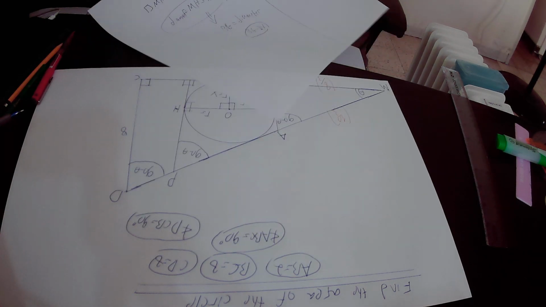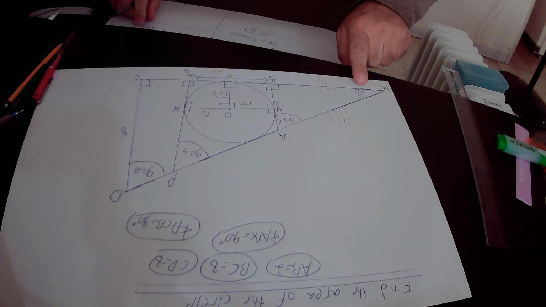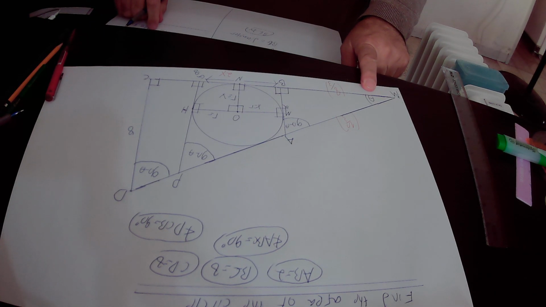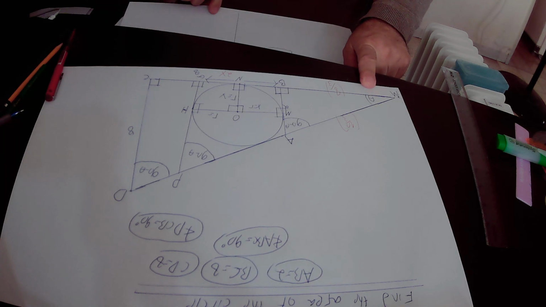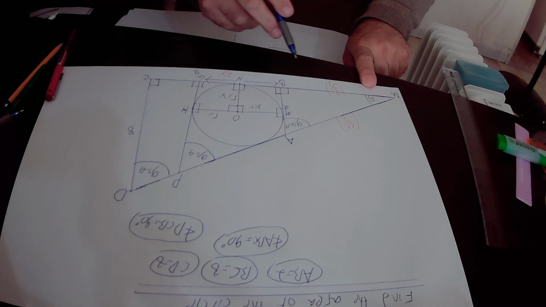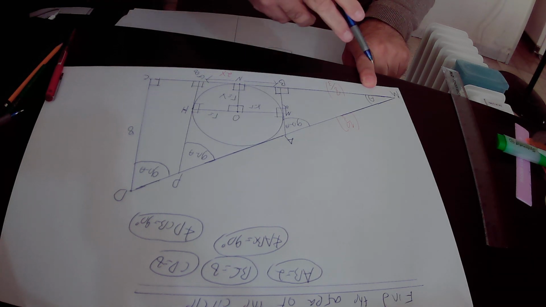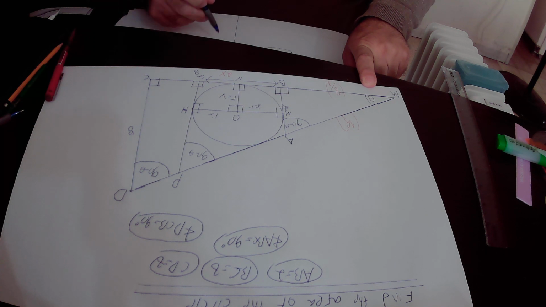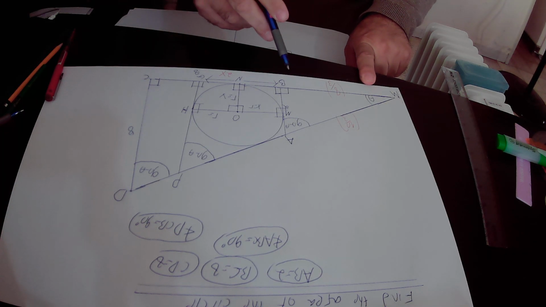In addition, this angle is a common angle that belongs to both triangles. So angle theta equals itself. If we write angle theta as it belongs to the big triangle, it will be angle PMG. And if we write angle theta as it belongs to the small triangle, it will be angle AMB.